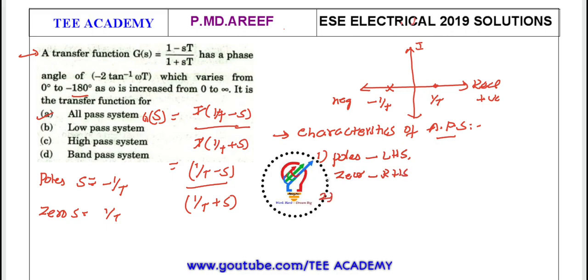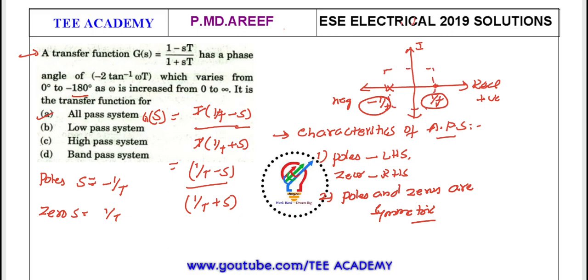And the second condition is the poles and zeros are symmetric in nature. Symmetric means the pole value and zero value should be the same. So both of these are symmetric and lie symmetrically like this. So when these two conditions are satisfied, the system is said to be an all pass system. So the answer here is an all pass system.